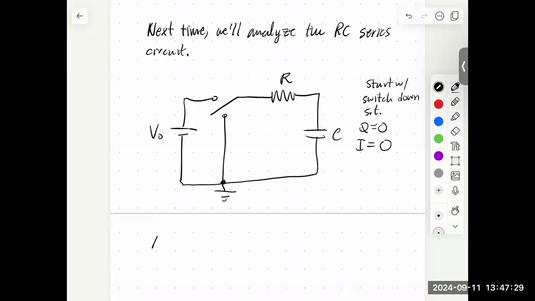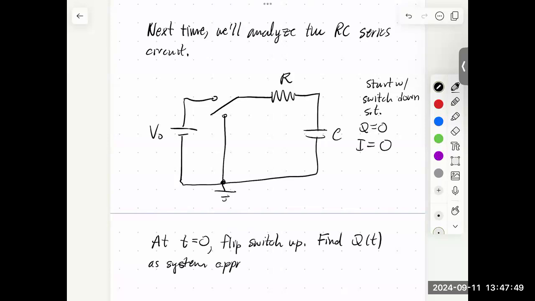At t equals 0, we flip the switch up. We want to find Q of t as the system approaches the new equilibrium.